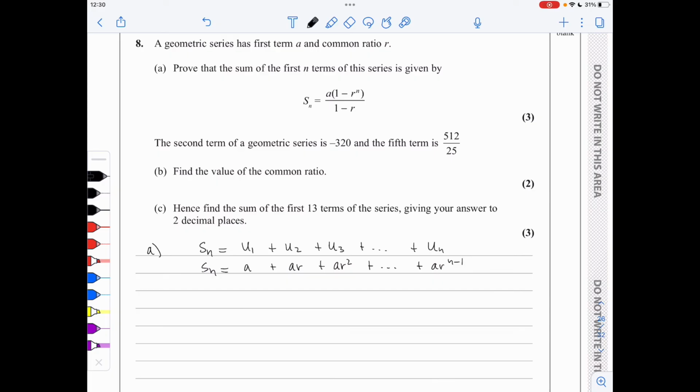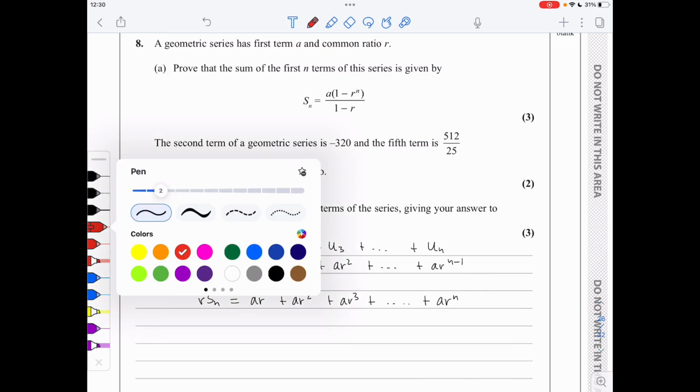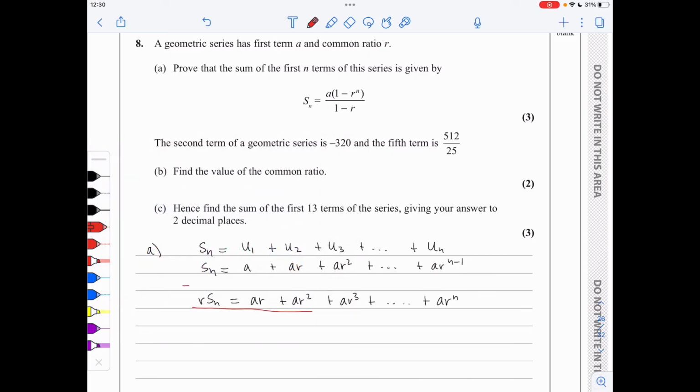I will now multiply everything by r, and I get rSn is ar plus ar squared plus ar cubed plus ... plus ar to the n. And I could now deduct one from the other, and I will see lots of simplifications. These will go away, and I'm left with the first term here and the last term over here.